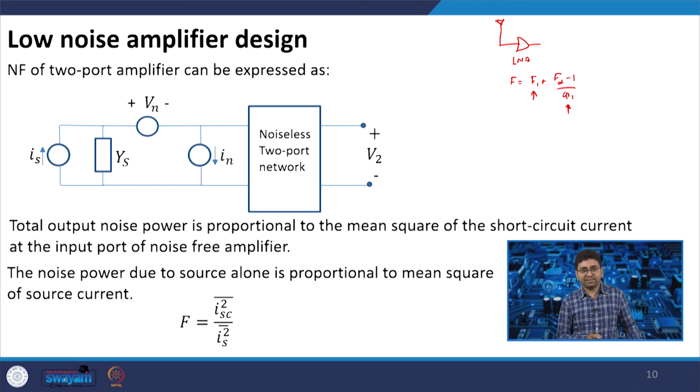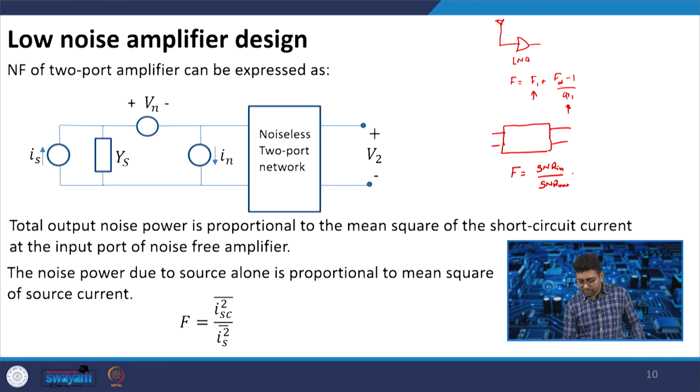We will consider a two port network, and for this two port network, the noise factor is equal to SNR in divided by SNR out. Now SNR in, you can write as Si by Ni, and SNR out as So by No, which goes in the denominator as No by So.